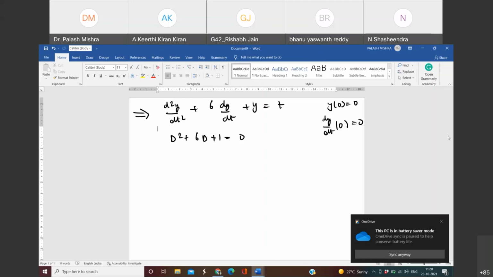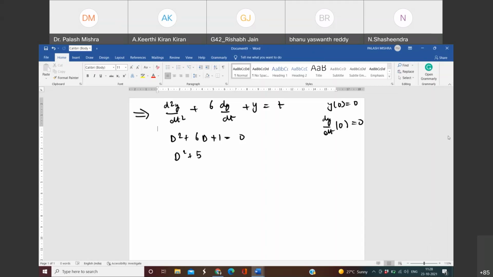The answer they have given is (D plus 5), (D plus 1). What is the solution? Please tell me. Is it coming equal to this same value?